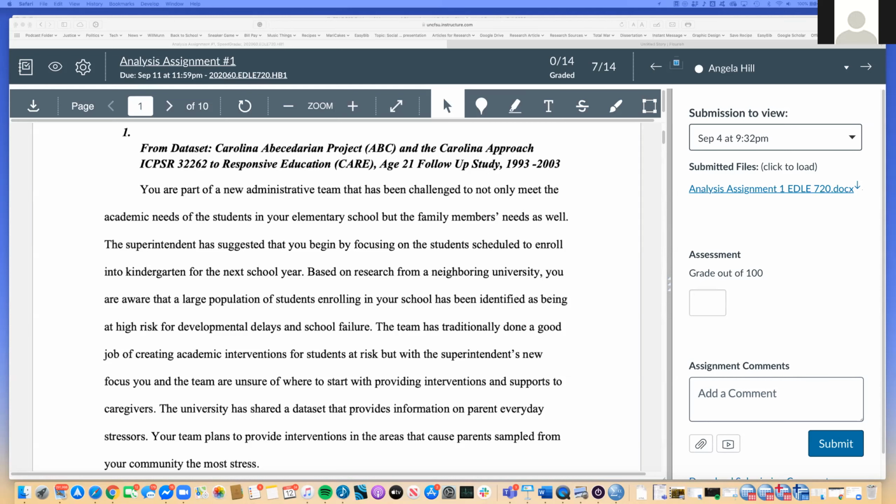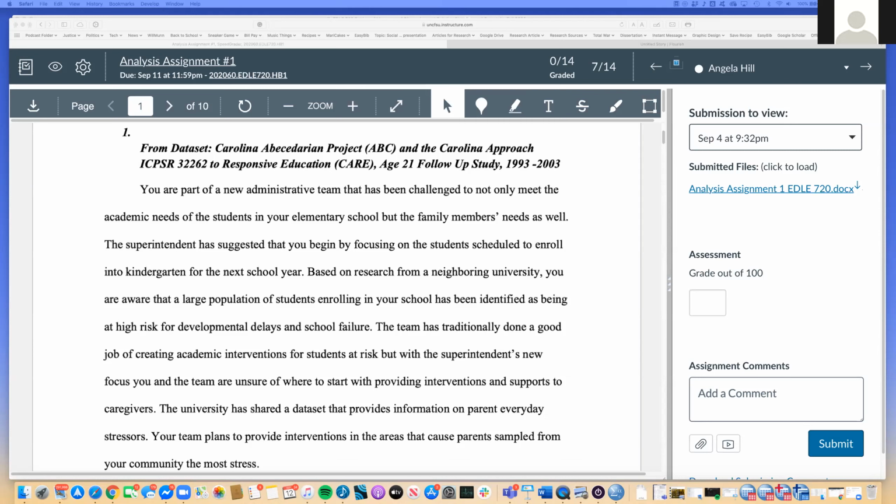my concentration in undergrad was on child development and family relations. I really feel like schools have to meet a lot of different needs. And so this superintendent's asking you to meet the needs and interventions and supports for caregivers as part of a different intervention for these students.